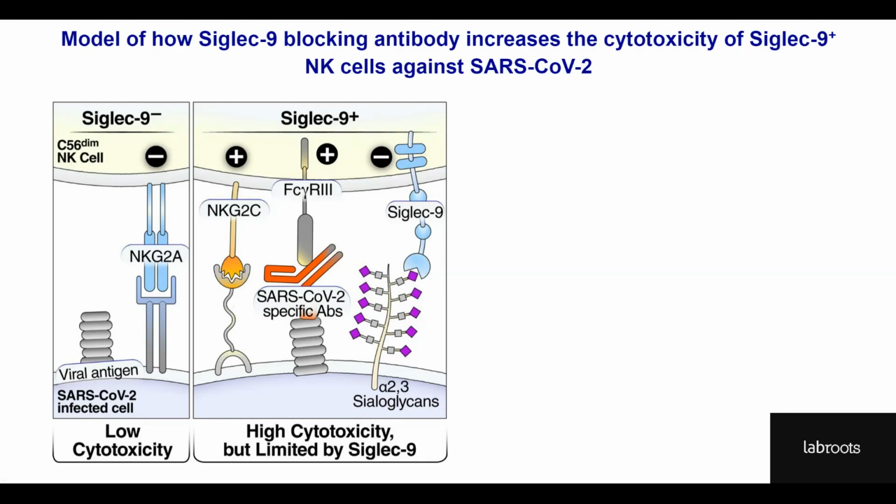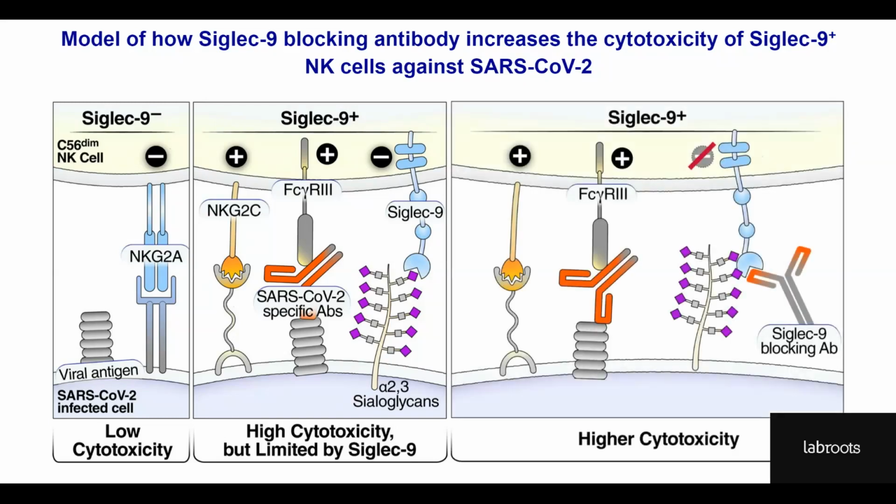That is, again, probably due to their high expression of several NK activating markers and receptors like NKG2C, and lower expression of inhibitory receptors like NKG2A compared to Siglec-9 negative NK cells. However, we found that the Siglec-9 sialic acid interaction is still restraining this cytotoxicity. And if we were to use a blocking antibody for Siglec-9, we can enhance the NK cytotoxicity against SARS-CoV-2 infected cells.